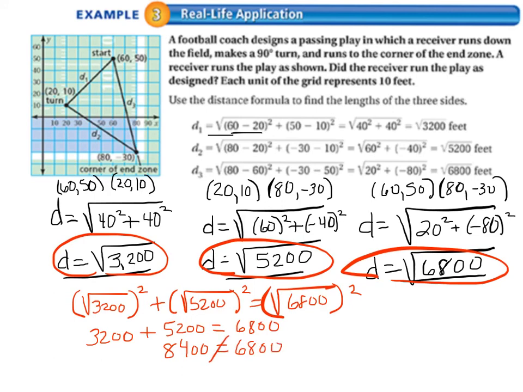They are not equal. Therefore, that is not a 90-degree angle, and therefore, no, this player did not run the play as designed, because we do not have a right triangle.